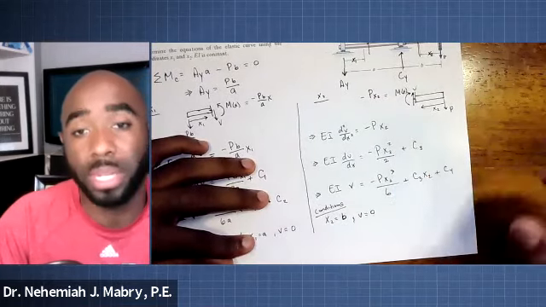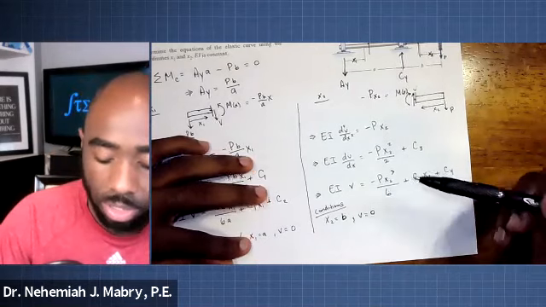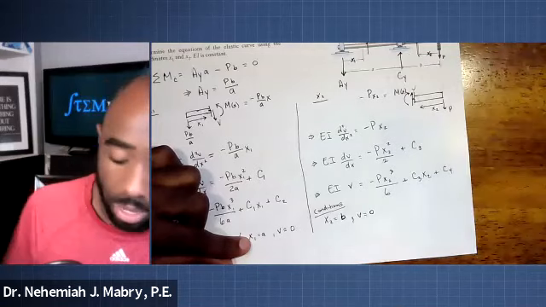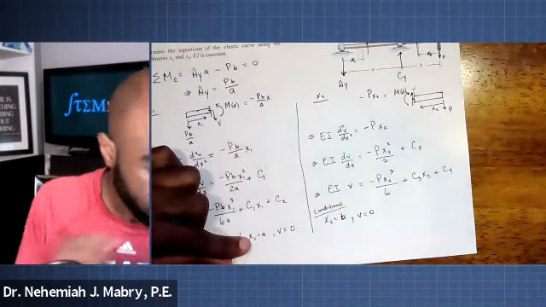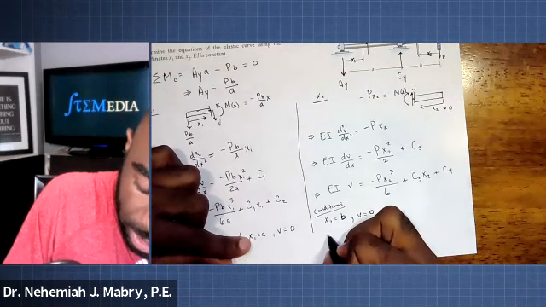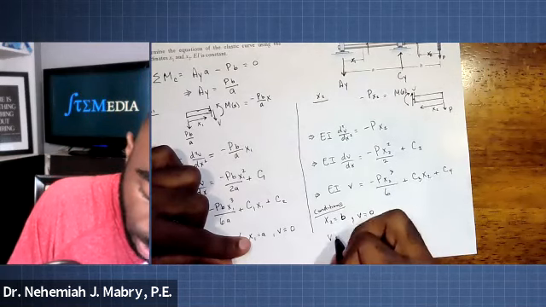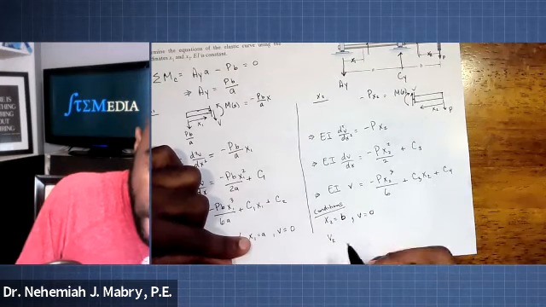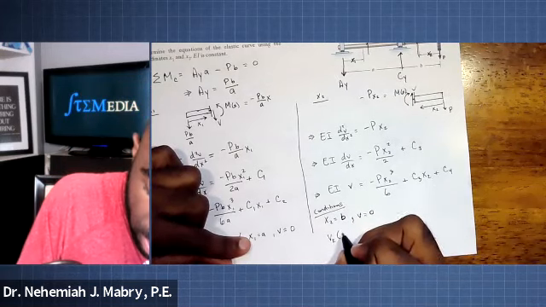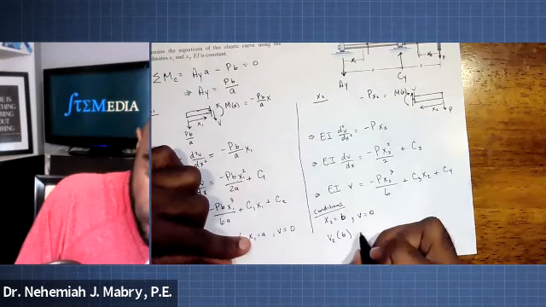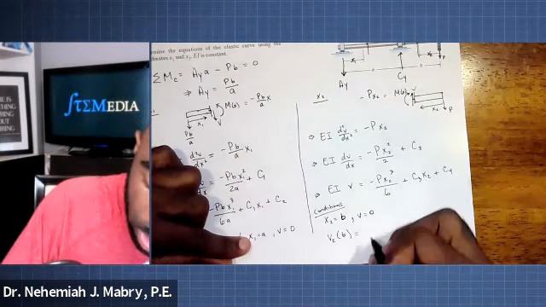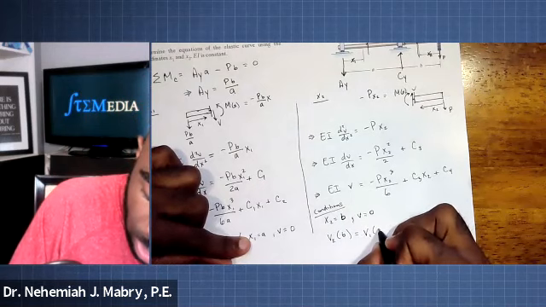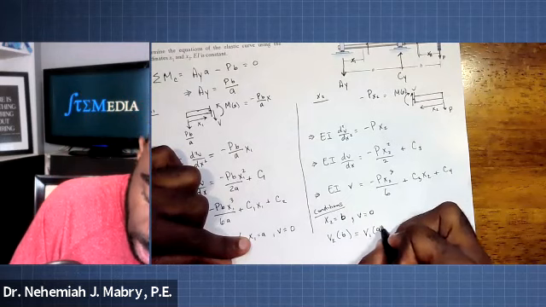Well, if you remember at the beginning of the last lecture, it's not just boundary conditions that we can be concerned with, but there's also conditions where we meet, right? We could say that the deflection equation for this one, 2, when x is equal to b, should also be equal to the same deflection equation of 1 when x1 is equal to a.